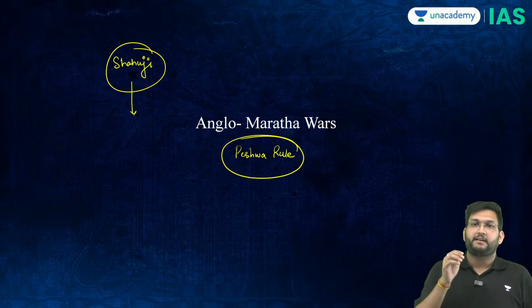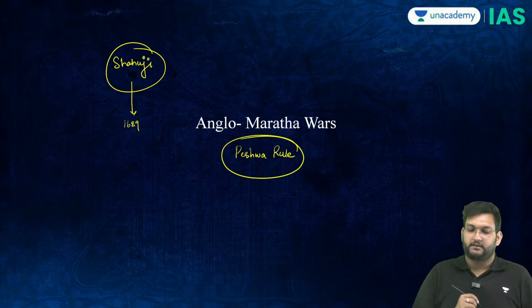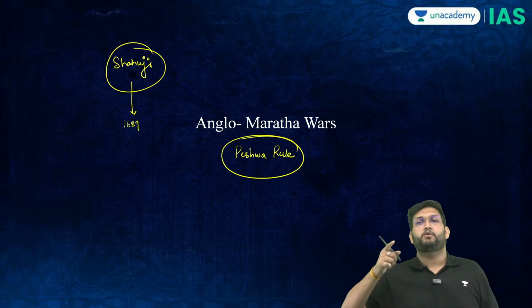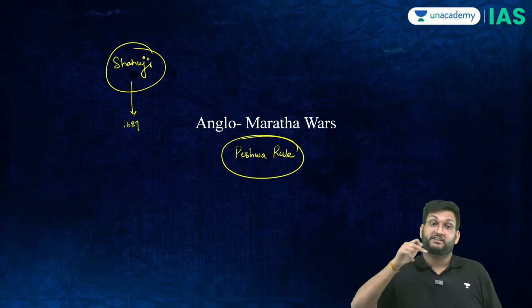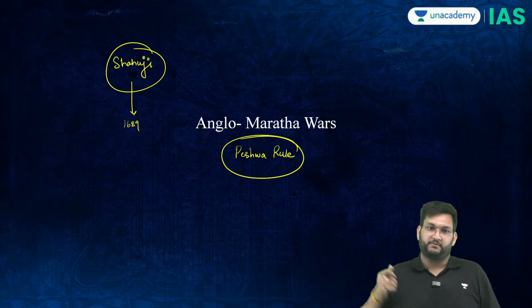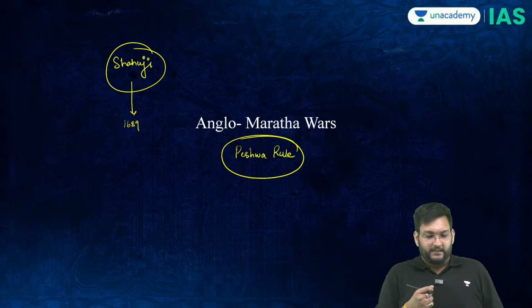Now, Shahuji was in captivity of the Mughals since 1689. And because he was in captivity, the grandson of Chhatrapati Shivaji Maharaj himself, Shahuji, not Chhatrapati right now, but he's going to become Chhatrapati.